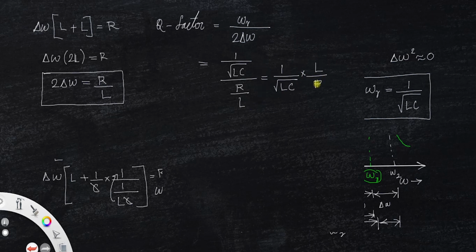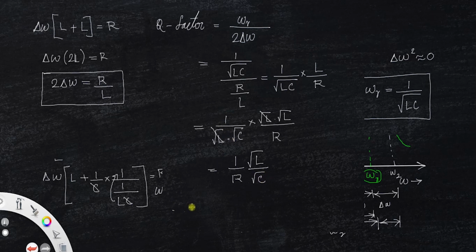So this is 1 by root L into root C, into L written as root L into root L, by R. Cancel this L. So the final expression will be 1 by R root L by root C.